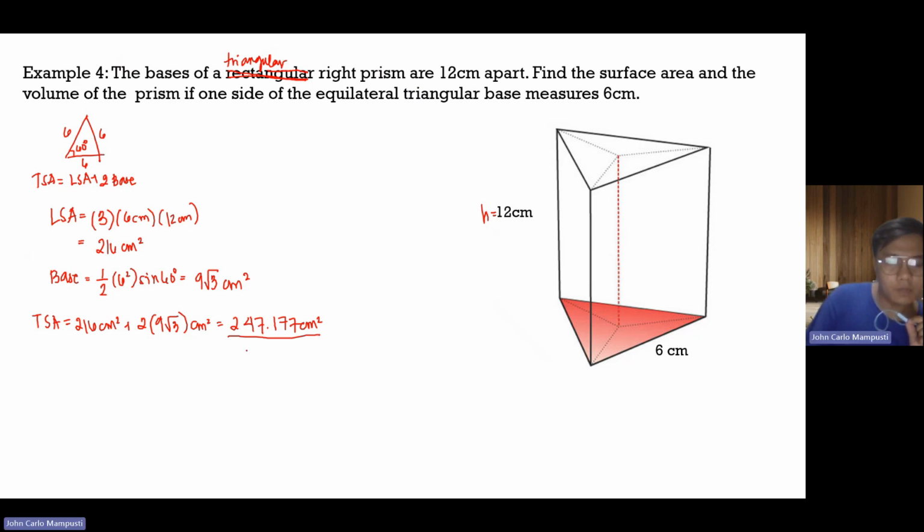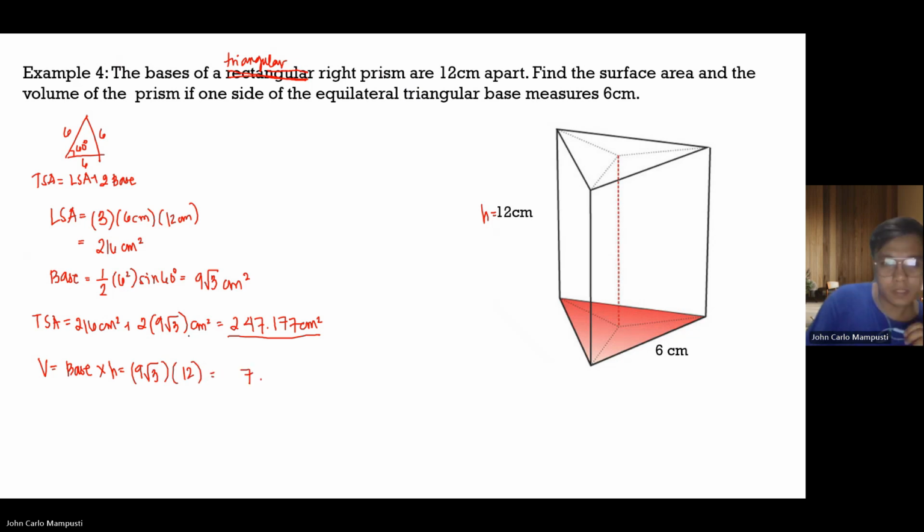Okay? So how about the volume? So volume is actually equal to area ng base times height. So, nakuha na natin dati yung area ng base natin. We have 9 square root of 3 square centimeter times the height, which is 12 centimeter.